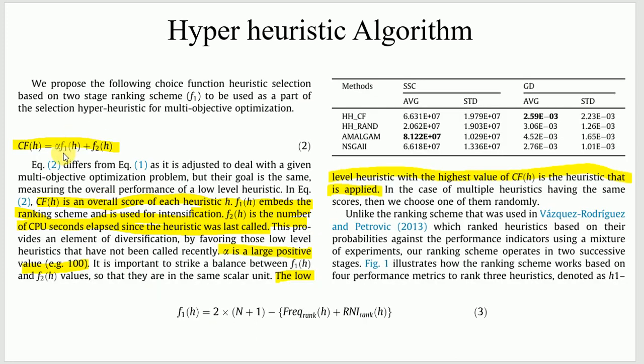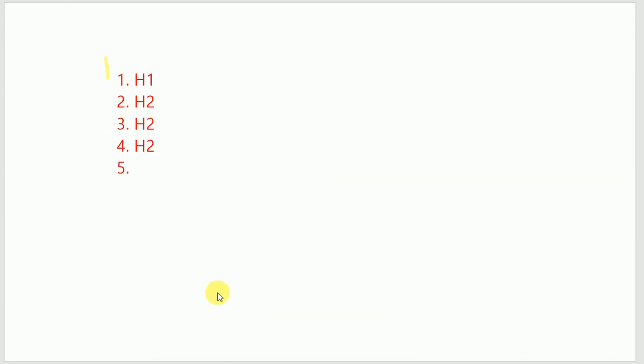So here we can get the value of function f1h. Now function f2h is the number of CPU seconds elapsed since the heuristic was last called. To understand the function f2h, I will give an example. Here we can see 5 iterations.